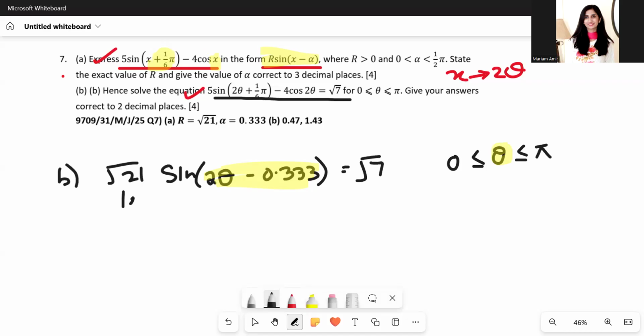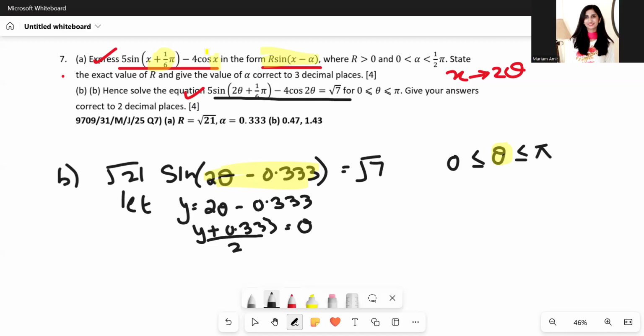So we'll say let x or y or whatever you want. Preferably, let's take y because there was already x in part A. So let y equal 2 theta minus 0.333. That means y plus 0.333 upon 2 is equal to theta.